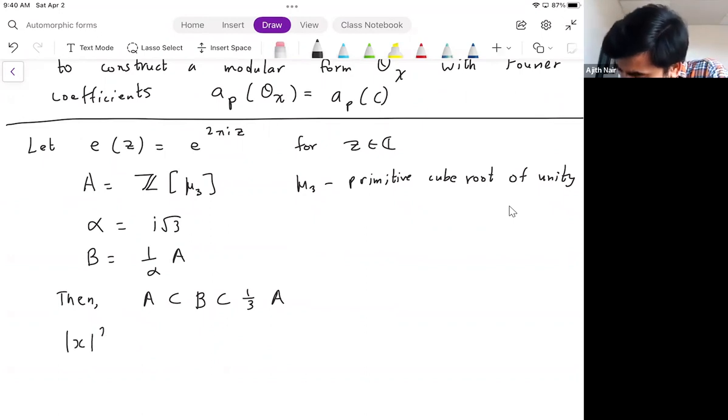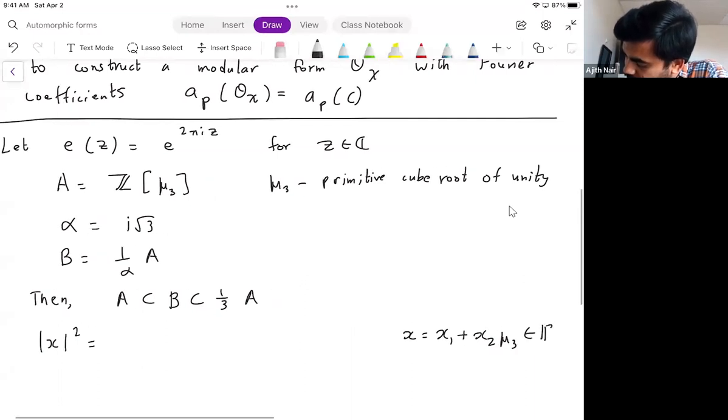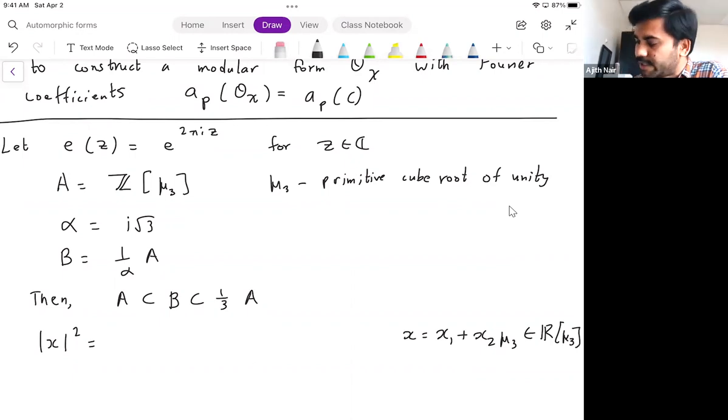Then if we look at absolute value x squared, so if you have x, which is x1 plus x2 mu3, where x1, x2 are any real numbers, then this is a complex number, and its absolute value squared is going to be x1 squared minus x1 x2 plus x2 squared.